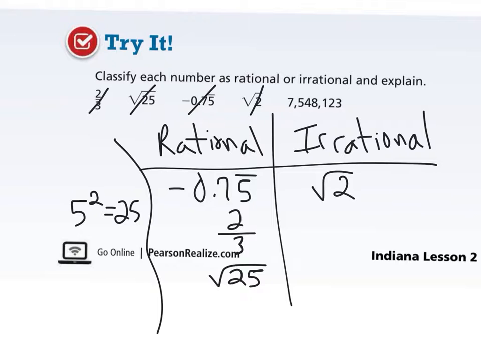Again, you could do it on your calculator. It's going to be 1.4 or something. And our last one, 7,548,123 would be rational. No decimals or anything there. Put it over 1 if you like, it's rational.